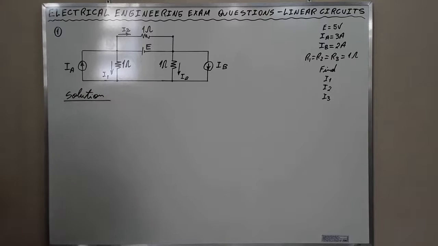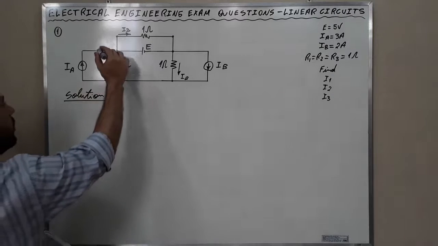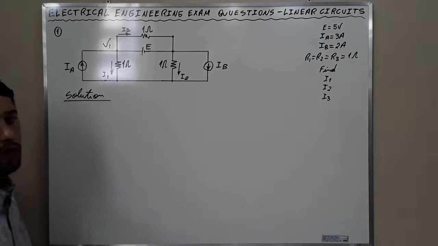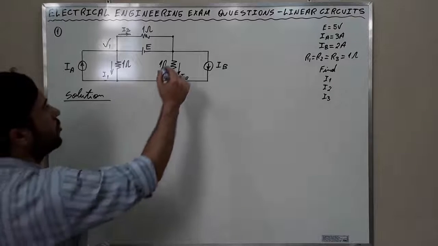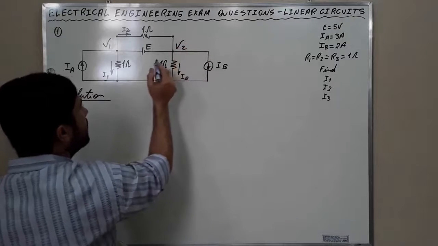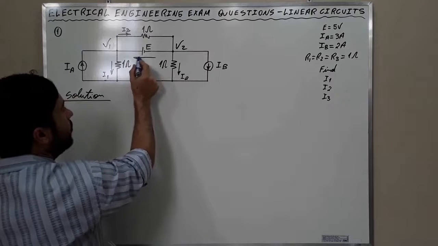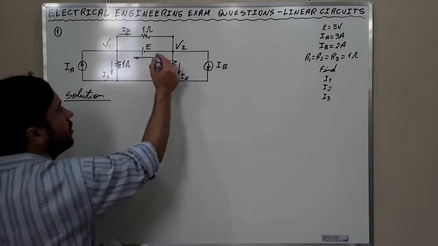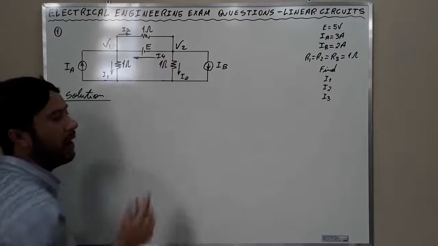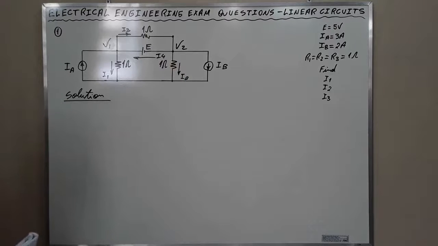To facilitate our calculation, we're going to use some labels here. We're going to label this node V1, we're going to label this node V2, and the current that flows here, we're going to label it as I4. Alright?